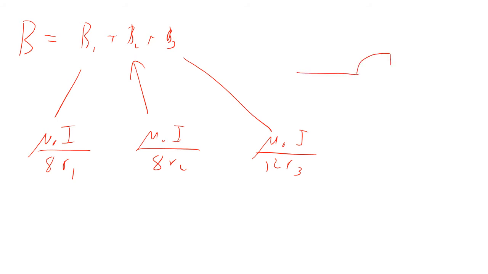So this one, right-hand rule, is going to be into the screen. So I can make that negative. Okay, this one right here is also into the screen. So that's also negative. This one right here going around that way, then by the right-hand rule is out. So I can make that one positive like that. So that would give me my total B right here.